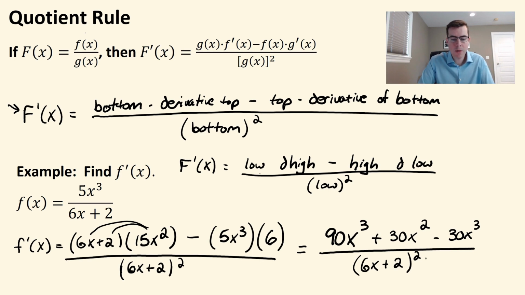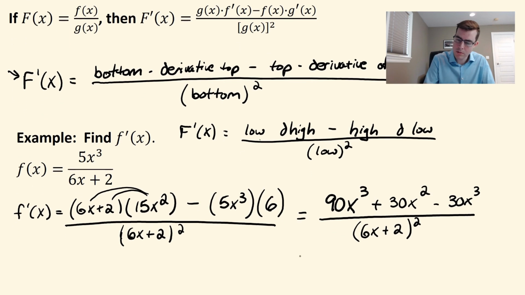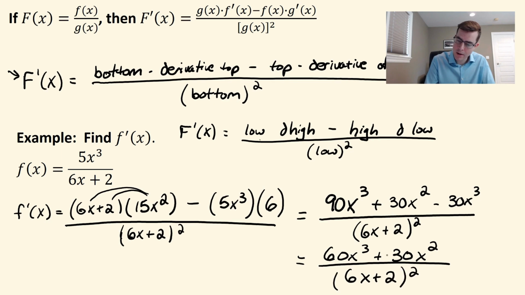But on top, we want to combine any like terms. You can see that we have 90x cubed minus the 30x cubed, so that becomes 60x cubed. So that would be 60x cubed plus 30x squared, all over 6x plus 2 squared. And that would be our derivative here.